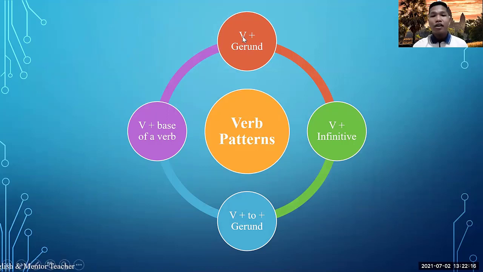V here stands for verb, you'll see it is a small circle, so I make a contraction. So verb plus gerund is one type. Another type is verb plus infinitive, verb plus to plus gerund, and verb plus the base form of a verb, right? Referred to as the base form.